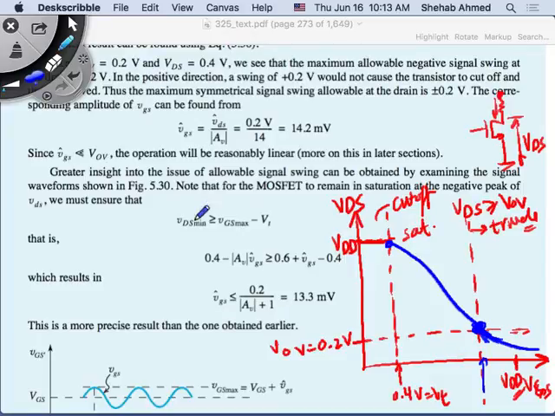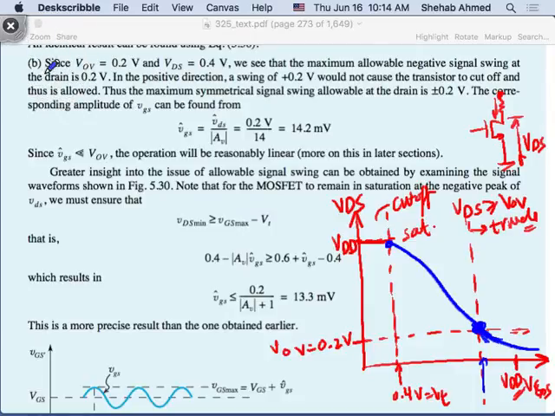Now what are they telling us? They're asking for the maximum swing that your signal can have. What was the VDS that we calculated? We calculated VDS was 0.4, right? Now I drew my characteristic.